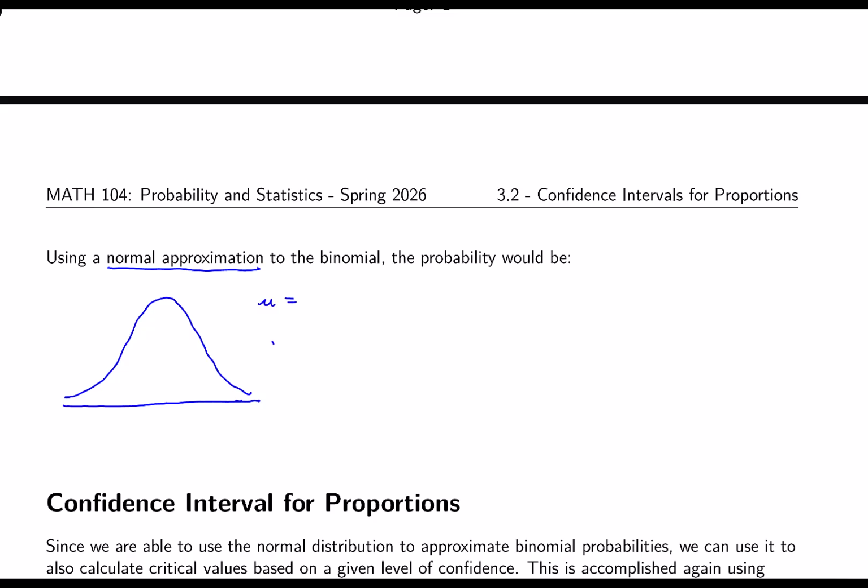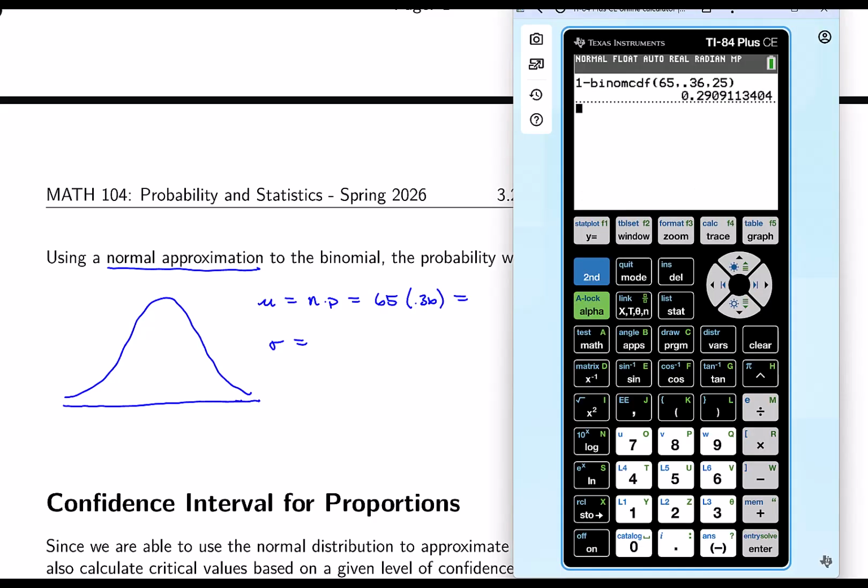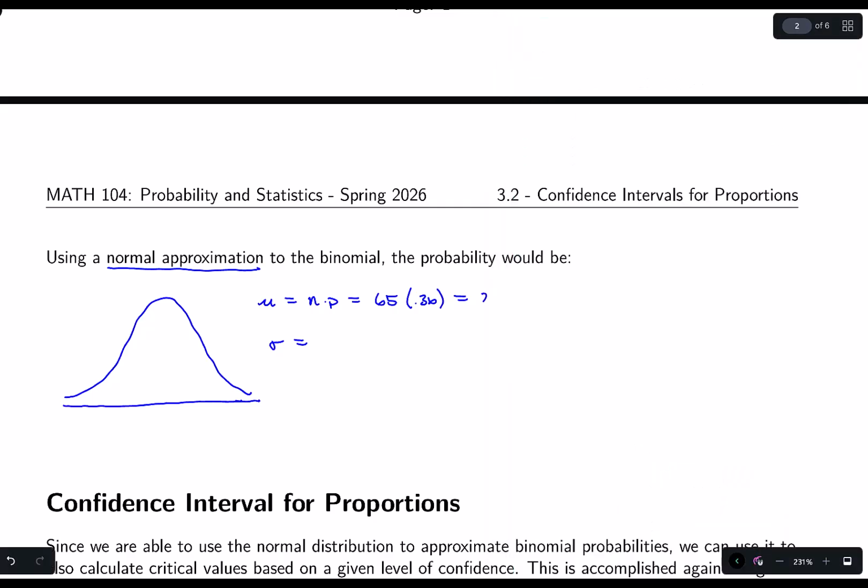Well, it just so happens that I have a way of calculating a mean and a standard deviation for a binomial distribution. The mean is n times p, which in this case, we have 65 trials, and the probability of success is 0.36. So n times p, that gives me a mean of 23.4.